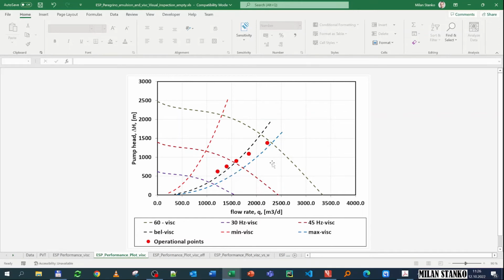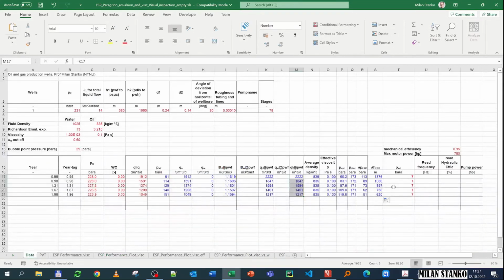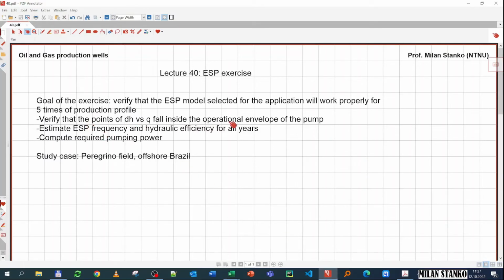Okay, so that tells you that for year 1, or the first time, I need to apply a frequency close to 60. This one is a frequency between 45 and 60. This is a frequency close to 45, and so forth. Okay, but it seems that the pump is able to work. So that addresses the first question we had, that the points actually fall on the envelope.